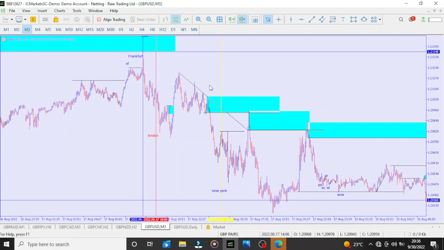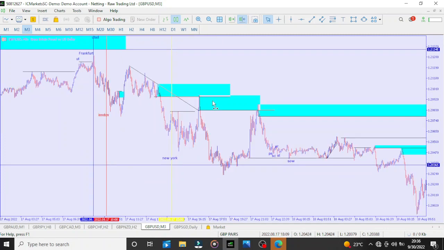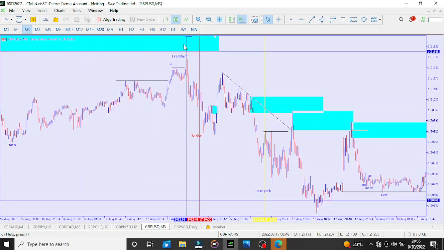We always have to wait for the runs of liquidity, because if you see a plain price action, we have to wait and read the price. So guys, this was my first trade.